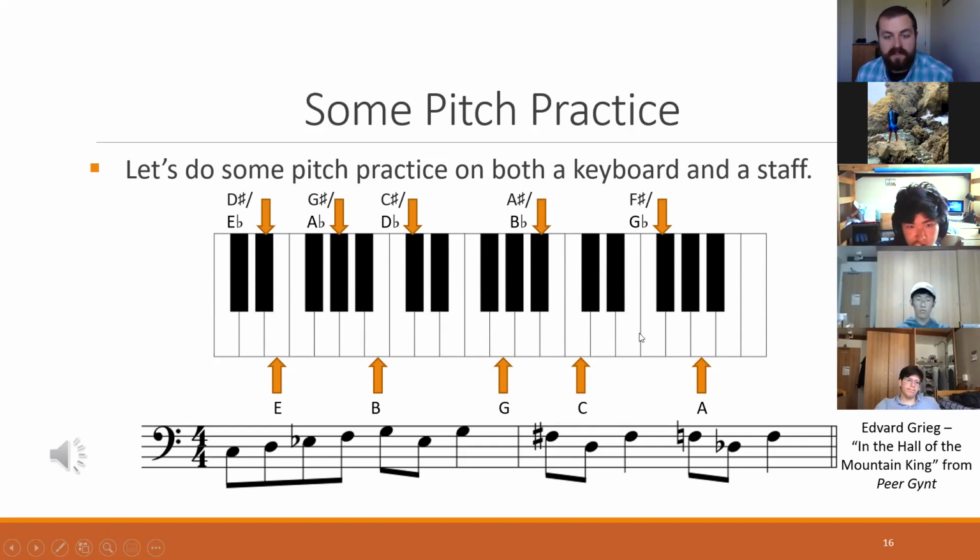Finally, we know where F is. Up a half step from F is F sharp. And we also know where A is, because we've already looked at A sharp and A flat, so we can think of it relative to those two. Or if we go down from C, C, B, A. We don't have the 2 black keys here to help us, but we can infer from context that if there are 3 black keys here, there'll be 2 black keys here. So this could also be seen as C.